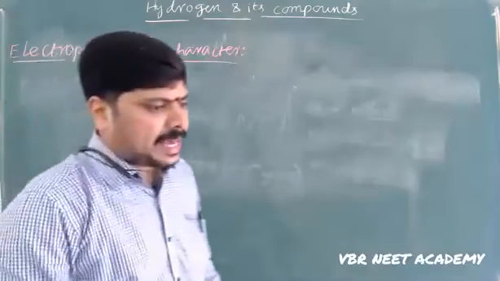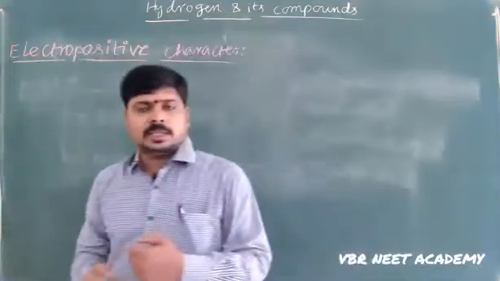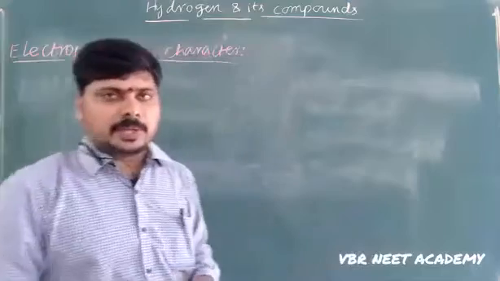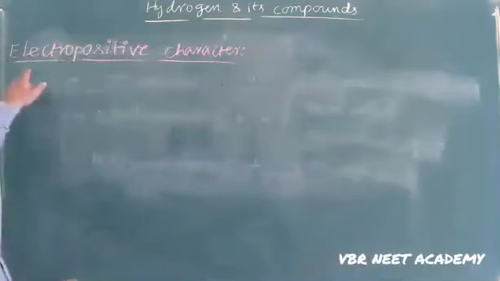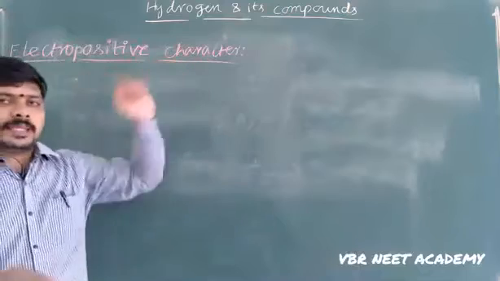So the next character which is going to be the similarity with alkali metals. First one is electronic configuration, that we already discussed. The next one is electropositive character.